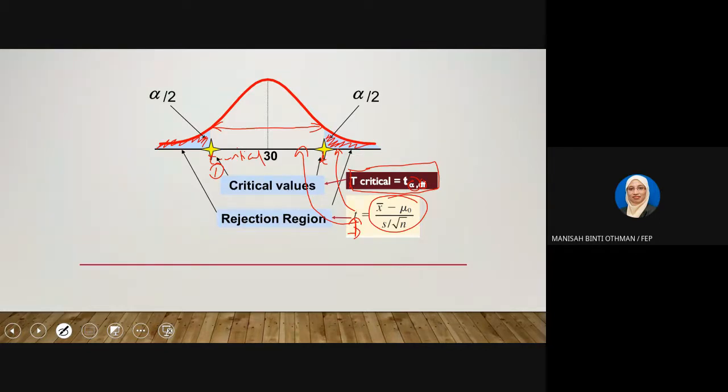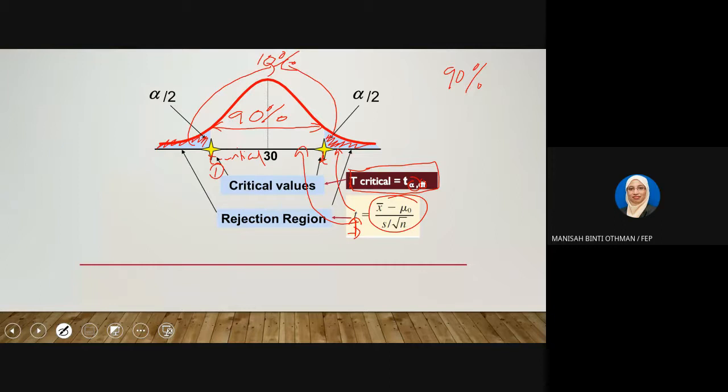Let's say we use a 90% confidence level. 90% means that this area is 90%, so the rest, these two areas, is 10%.